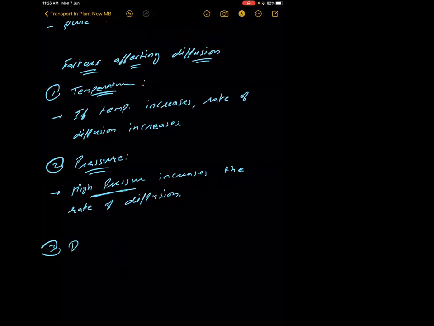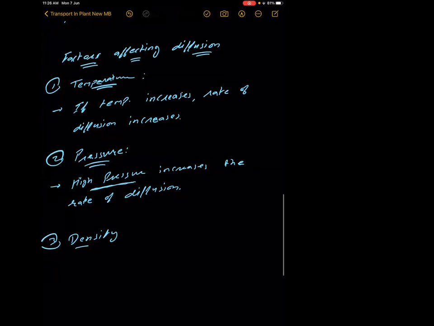So next is density. The rate of diffusion is inversely proportional to density. If density is low, diffusion is high.